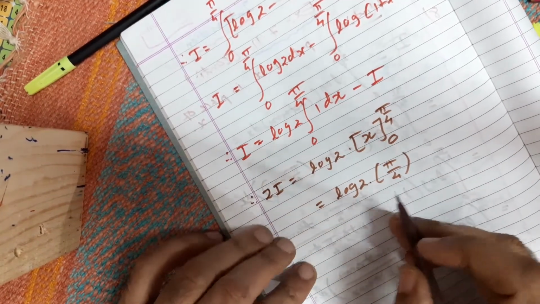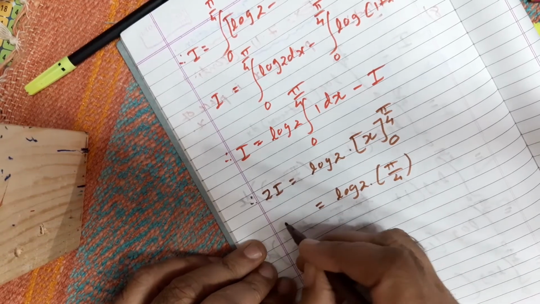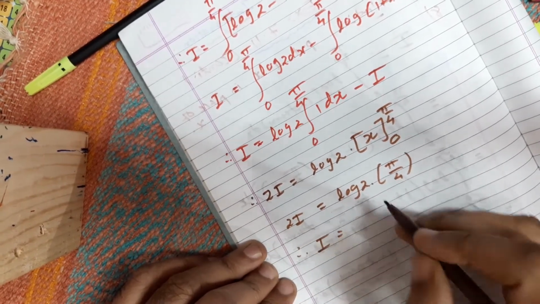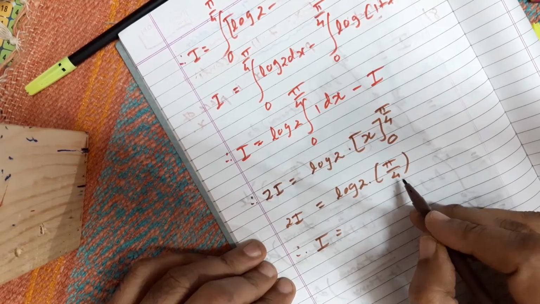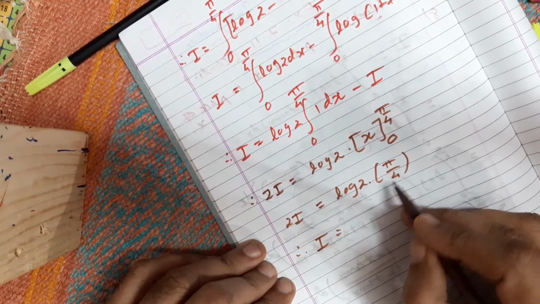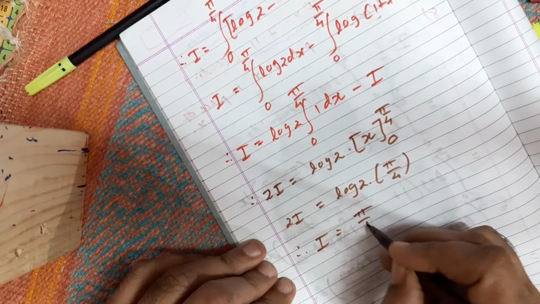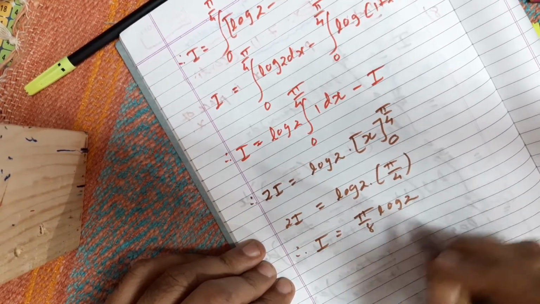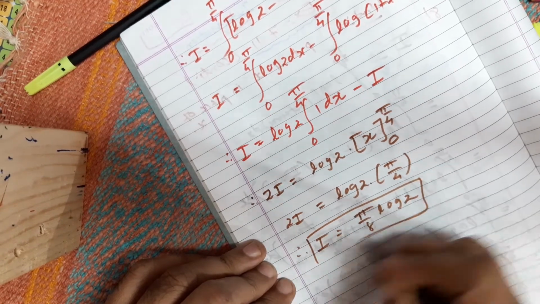Minus 0 no need to write, but this is 2I, be careful. So the final answer: I is equal to, 2 will go down, so it becomes pi by 8 log 2. So this is our answer.